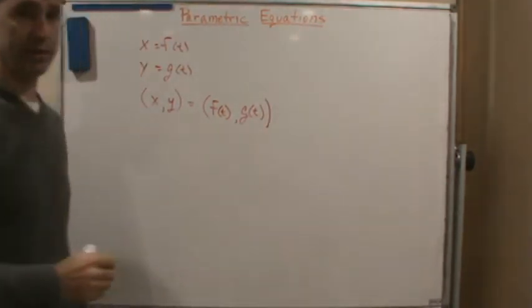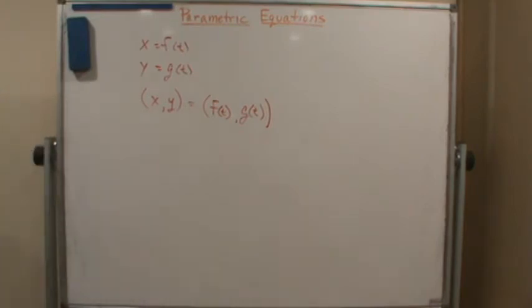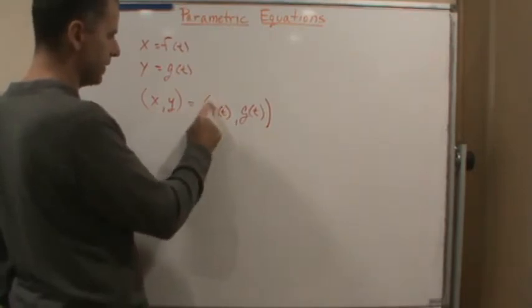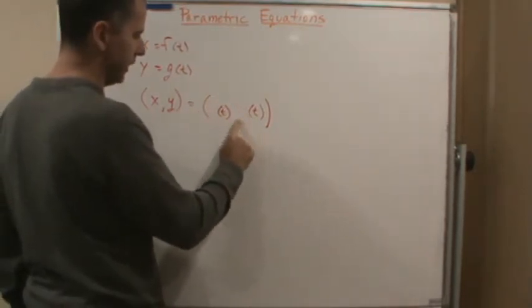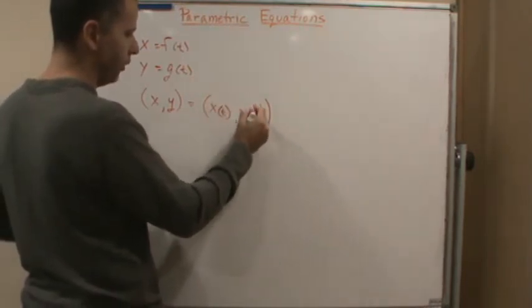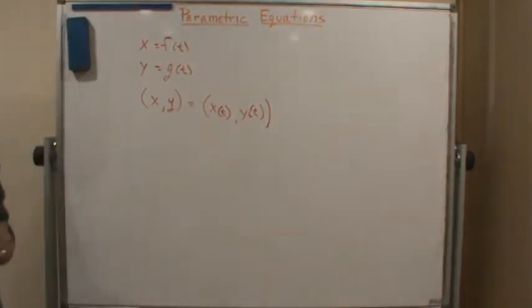Right? Because they don't necessarily have to behave with the same function. Or, more specifically, instead of using f of t and g of t, we could just say x of t and y of t.